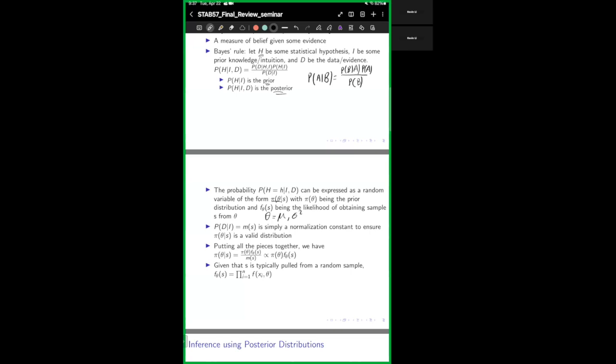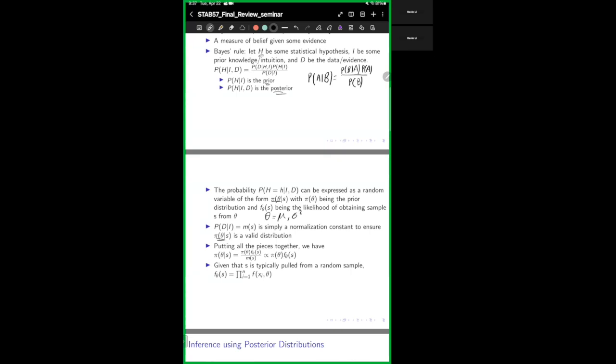The probability of the data given the information, m of S, is simply a normalization constant to ensure that pi theta given S is a valid distribution.